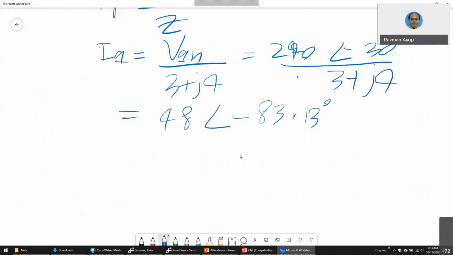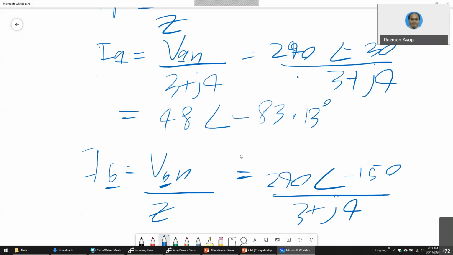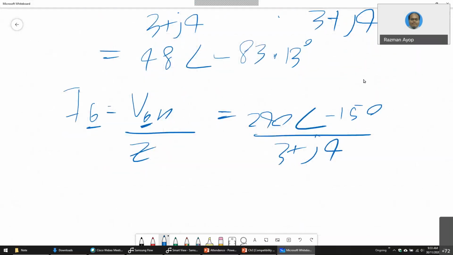Same here for IB, you have to calculate VBN divided by Z, which equals 240 angle negative 150 divided by 3 + j4. You get the answer, and to check, you get 48 again. The magnitude should be the same because you have a balanced load, except the angle.